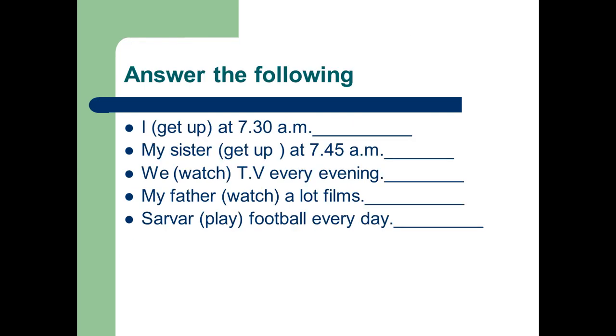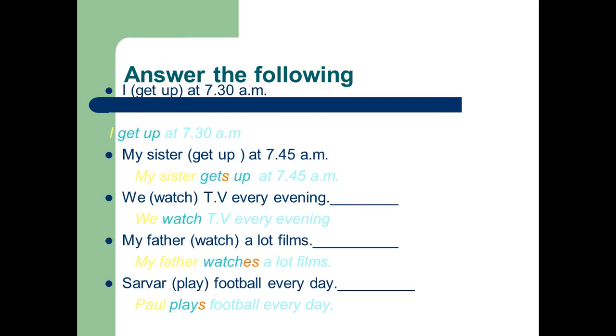Answer the following questions. I get up at 7:30 a.m. Men ertalab 7:30 da turaman. My sister gets up at 7:45. Mening opam 7:45 da uyg'onadi. We watch TV every evening. Biz har kuni kechqurun televizor tomosha qilamiz. My father watches a lot of films.